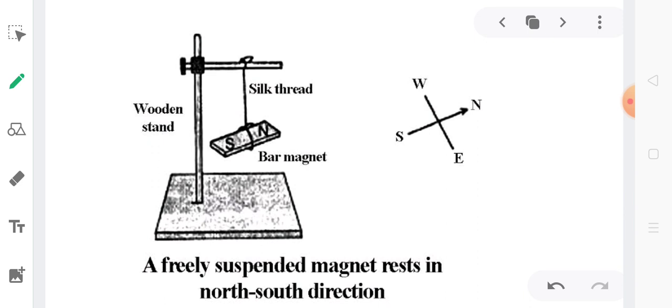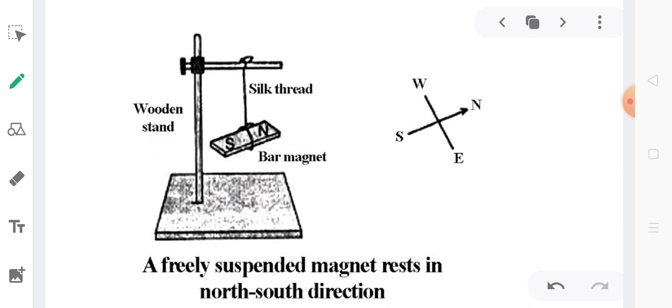The end of a magnet pointing towards north is called the north seeking pole or north pole of the magnet. Now, if you remember, I was telling you that there is a particular reason as to why these ends are named as north pole and south pole. This is the reason. When the magnet is suspended freely, it keeps on oscillating for a while, and finally it reaches an equilibrium position and aligns itself in a particular direction.